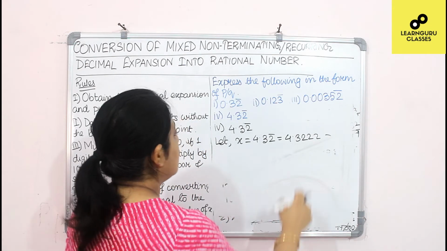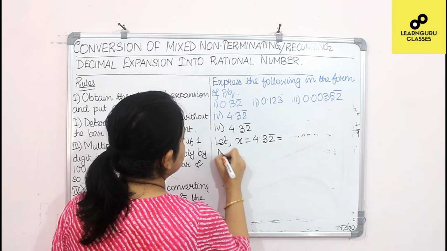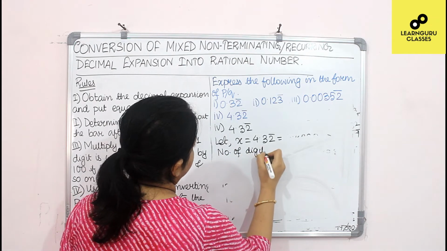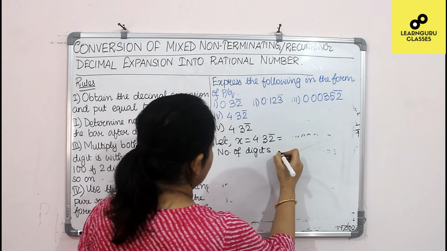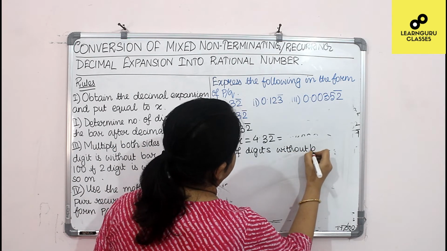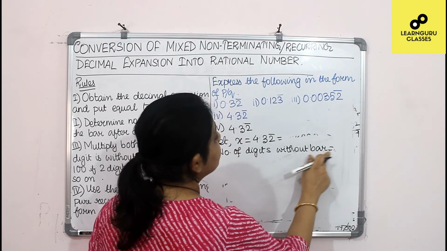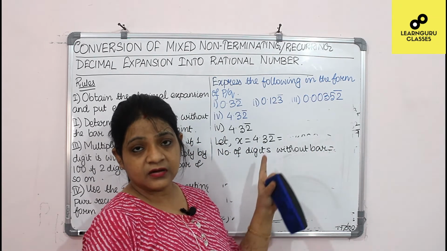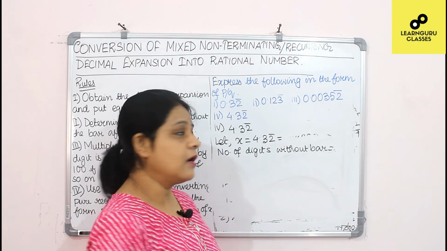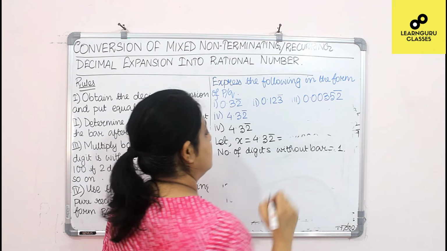Now the number of digits without bar after the decimal point is how much? Only 3.